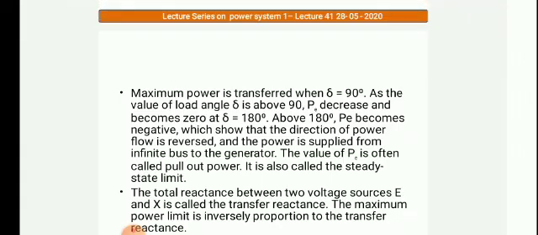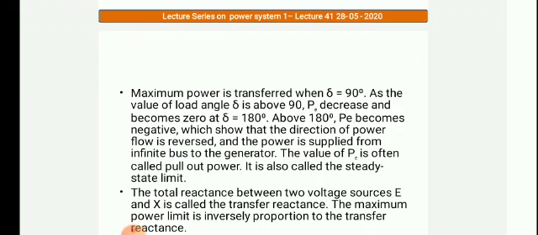The maximum power is transferred when delta is equal to 90 degrees, because sin 90 is 1. As the value of delta goes on increasing above 90, the power starts decreasing. We refer to this as the decelerating power, and it becomes 0 at 180 degrees. Above 180 degrees, the power becomes negative and starts increasing, which shows that the direction of power is reversed and the power is supplied from the infinite bus through the generator, because now it is the motor action.